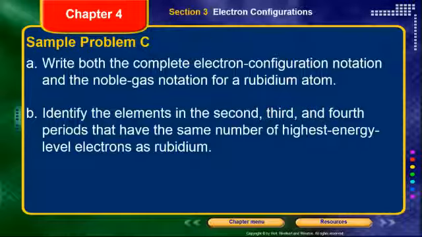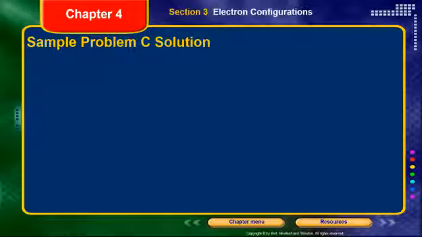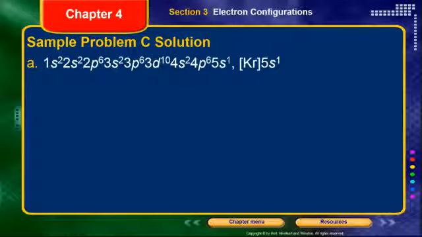Now, write the complete electron configuration notation and noble gas notation for a rubidium atom, and then identify the elements in the second, third, and fourth periods that have the same number of highest energy level electrons as rubidium. So, here you go.